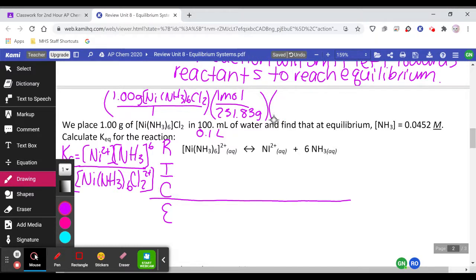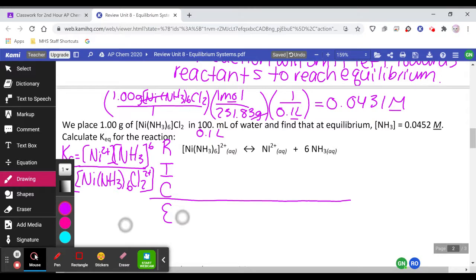So we'll have 1 over 0.1 liters to introduce that liter we need. Okay, and so grams will go away. We're left with moles over liter, which is our molarity. And so we have 0.0431 molar.